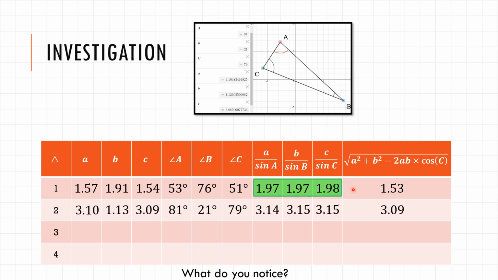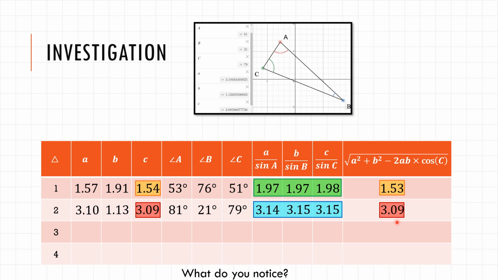The other thing I notice is that when I did this formula, I did seem to get the same, or a number that's very close to the one in this column. Notice 1.54 and 1.53. For my second triangle, I also noticed these three numbers were again very, very close to each other. And again, this number was very close to this number.